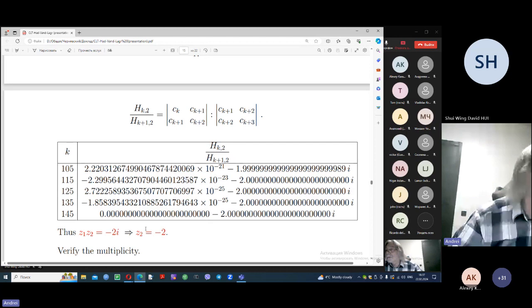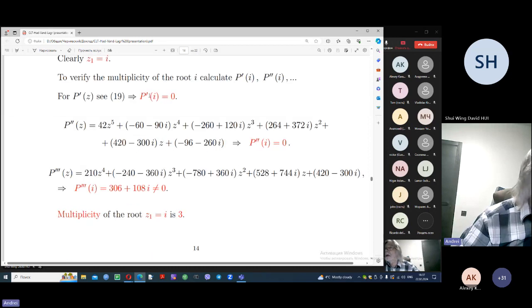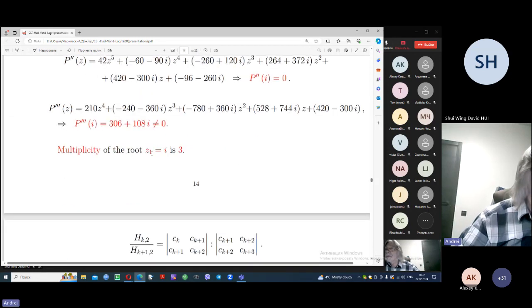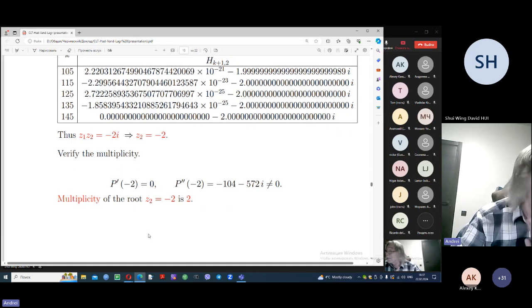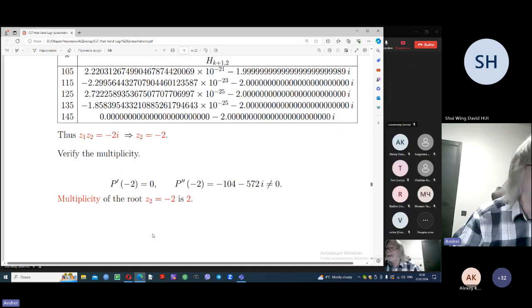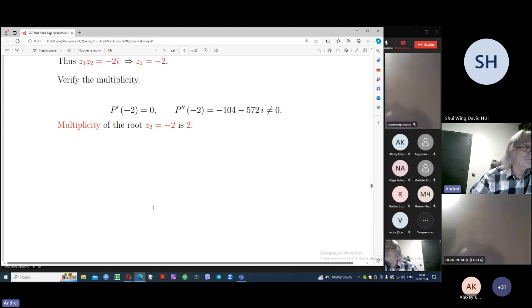So clearly the product, that 1 by that 2, is equal to minus 2i. That means the first one is I, so the second one is minus 2. Again, verifying multiplicity, everything by Wolfram Mathematica, nothing by bare hands, we see that its multiplicity is 2.